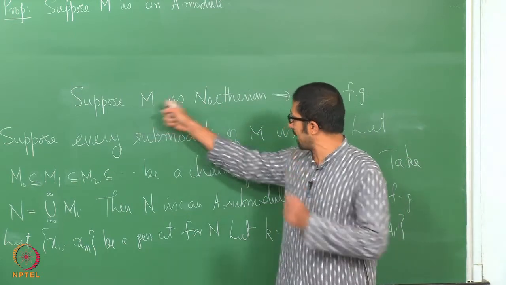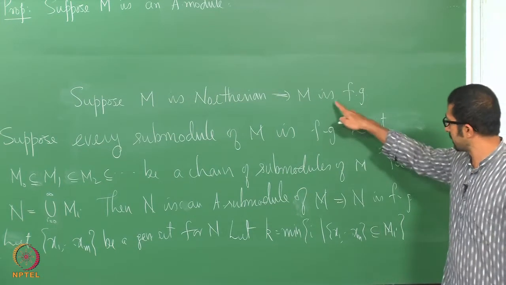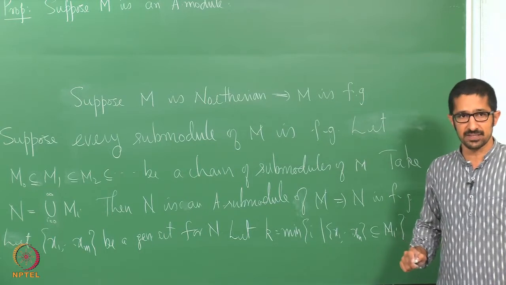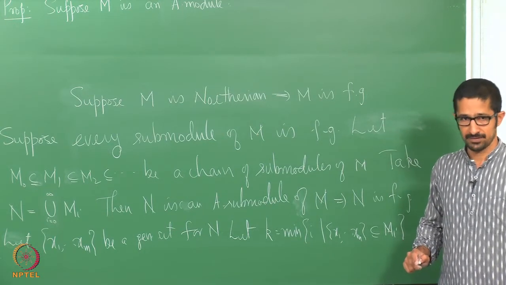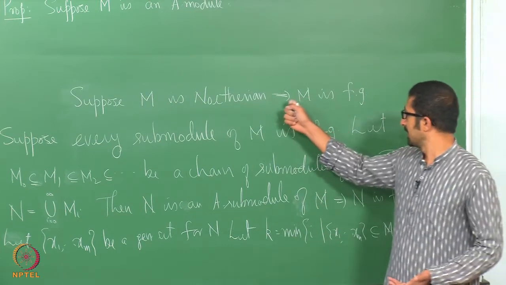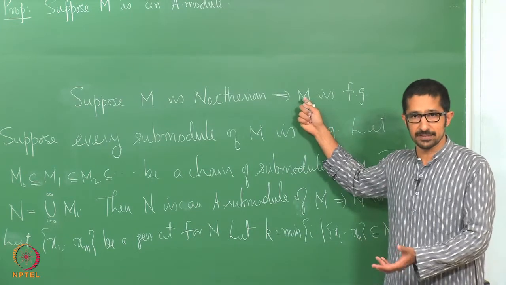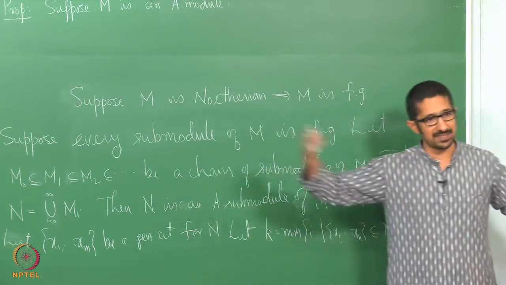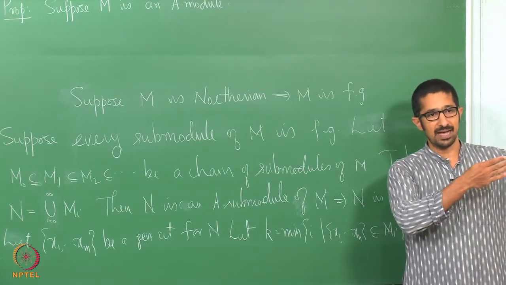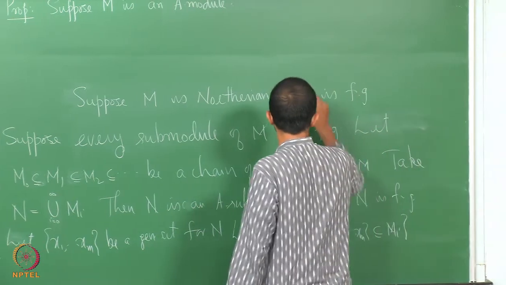Here we showed that M is Noetherian implies M is finitely generated. Can we modify this and say that every submodule of M is finitely generated? The proof just simply goes through, right? Suppose there exists a submodule which is not finitely generated, in the same way you can generate an ascending chain which never terminates.